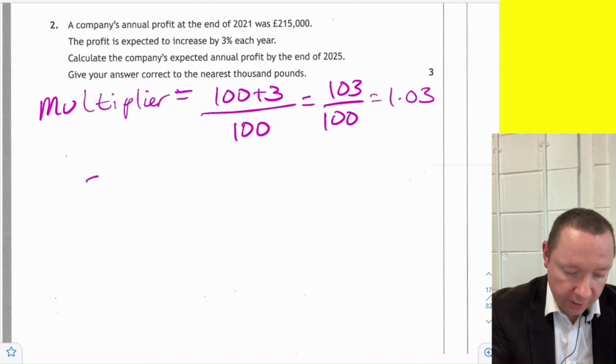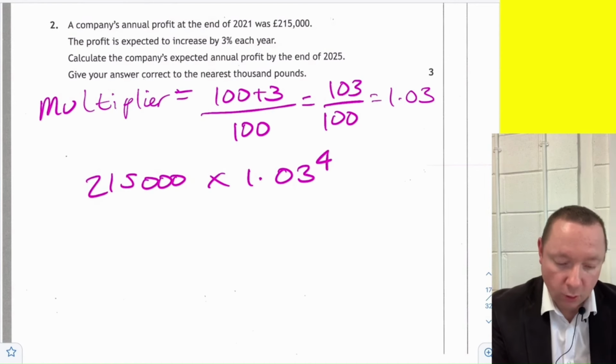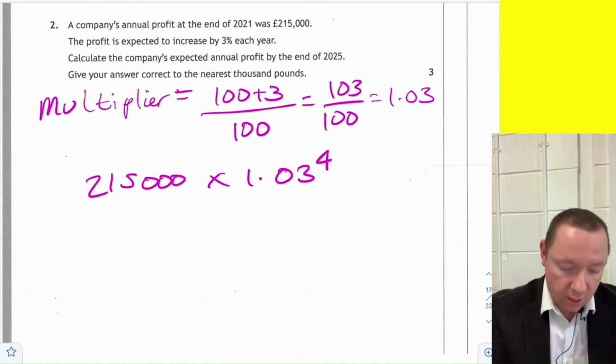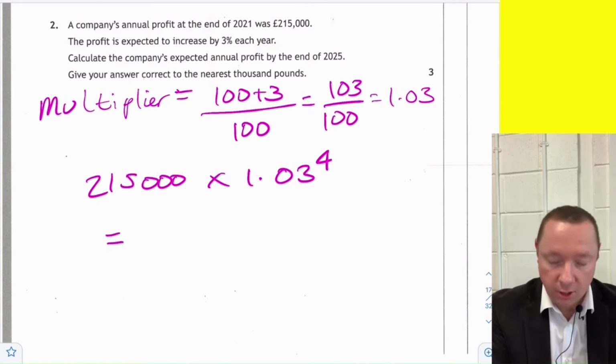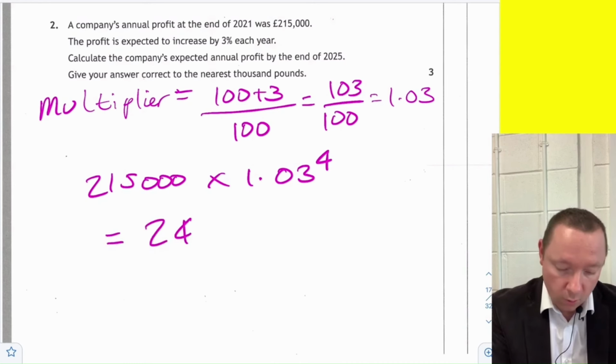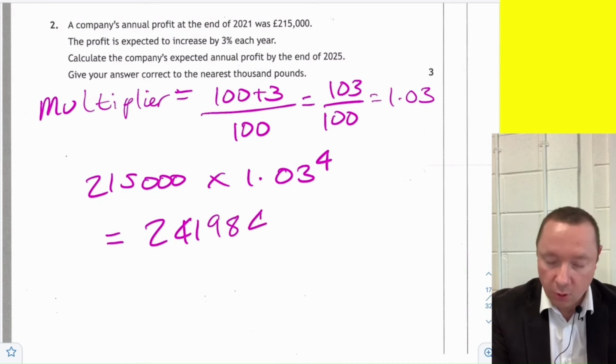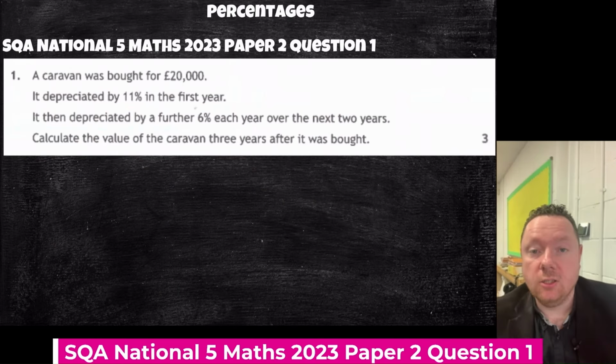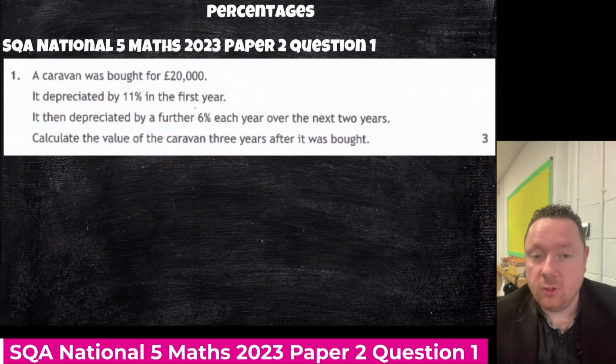So we take our money, times by our multiplier to the power of 4, because it's 4 years between 2021 and 2025. If you do that in a calculator, you get something like 241,984.39, which to the nearest £1,000 is £242,000. And we're done.